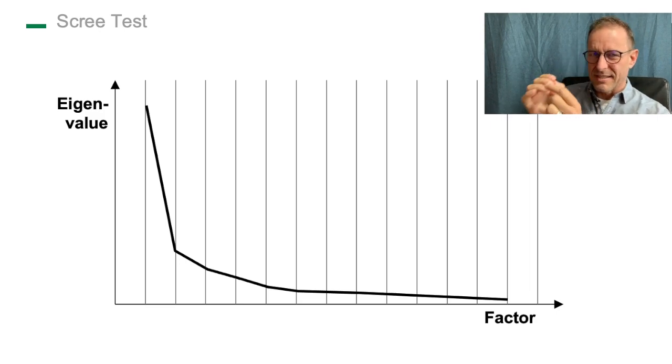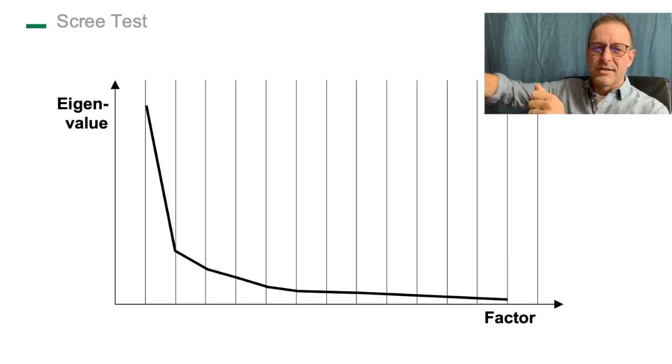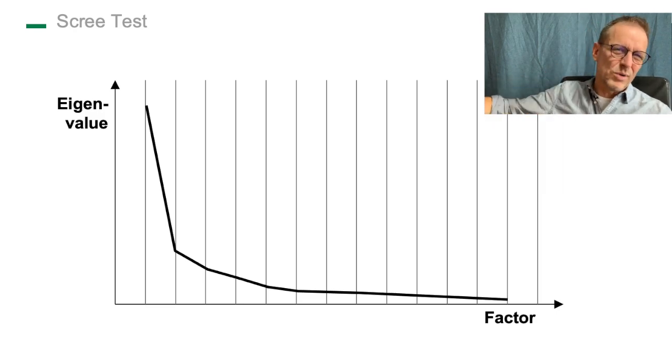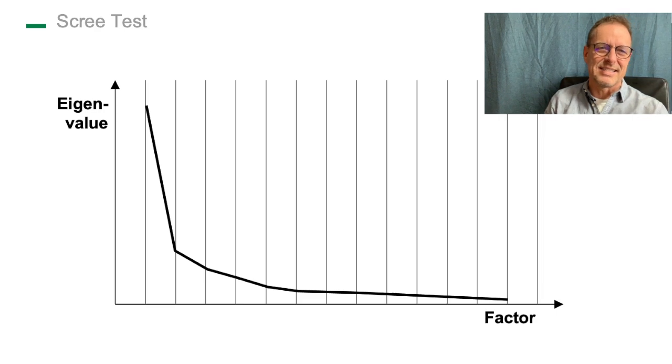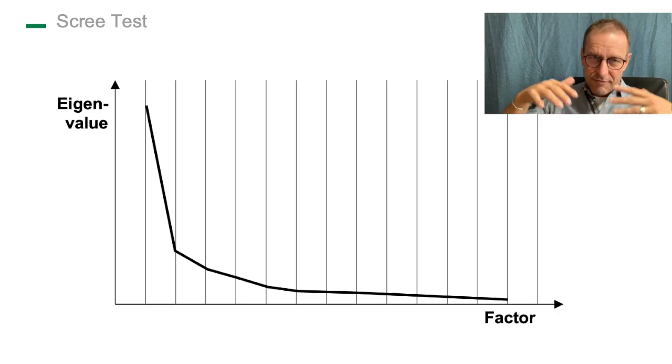And then the third factor has even less eigenvalue, and then you have the remaining rest, and the factor analysis analyzes as many factors as needed so that the total variance of the entire data set is explained. But you don't want to explain 100% of variance, you want to explain a significant amount of variance. So you stop somewhere.